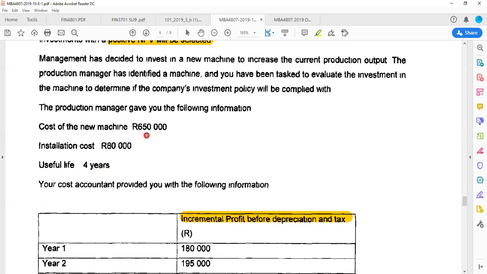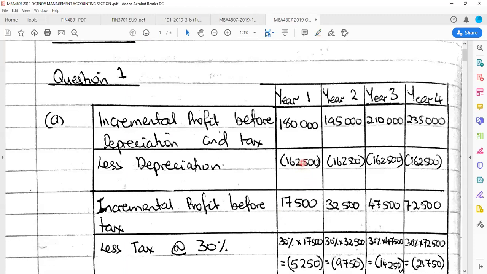That gives us the depreciation per year. 650,000 divided by 4, we get 162,500. So that's where the depreciation expense came from. It came from taking the cost price of the asset divided by the number of useful years of life of the asset.